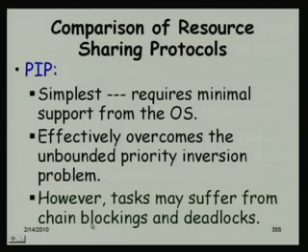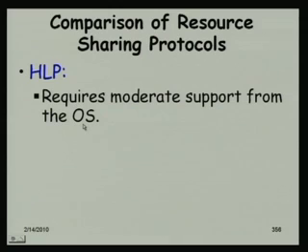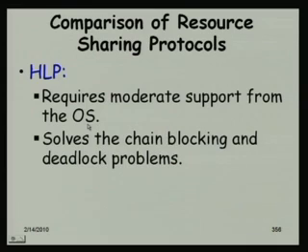These are severe problems, and we had discussed the highest locker protocol, which requires moderate support, where we set ceiling for resources, keep track of all ceilings of all resources, and then as a task acquires a resource, its priority is changed to that of the ceiling priority, and then after it releases the resource, the priority is reset.